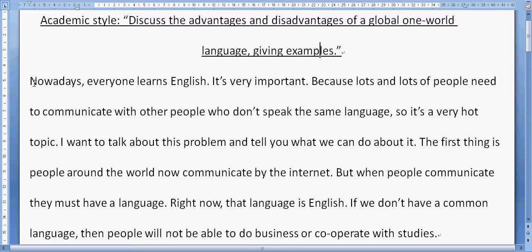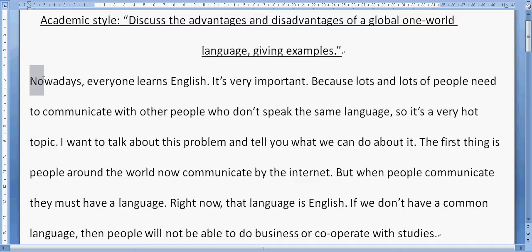We're going to look at the first paragraph from here down to here, and the reason we're looking at academic style is because when you first learn academic writing, there are some habits that you need to be aware of and to practice. So I'm going to look at the first paragraph and show you some problems that I see with the paragraph.